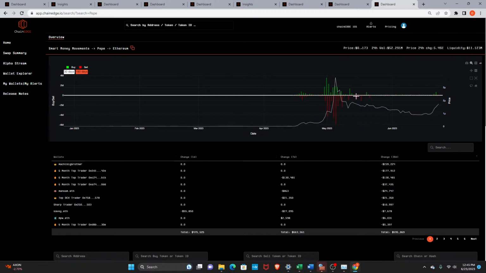Ways to avoid honeypots and rugs. So you use the checkers and they still were honeypots. On honeypots, usually you can kind of spot it. I think they've gotten pretty smart.